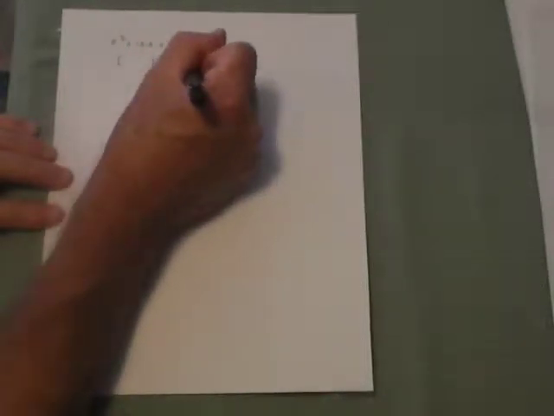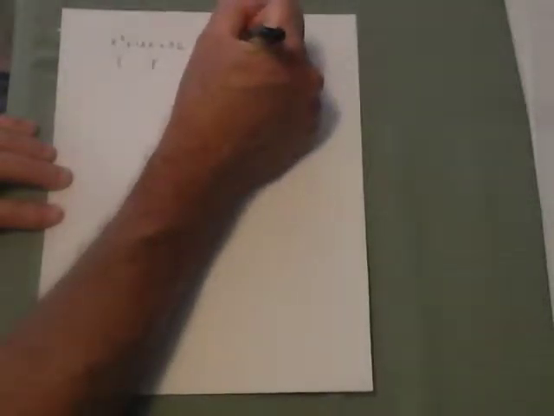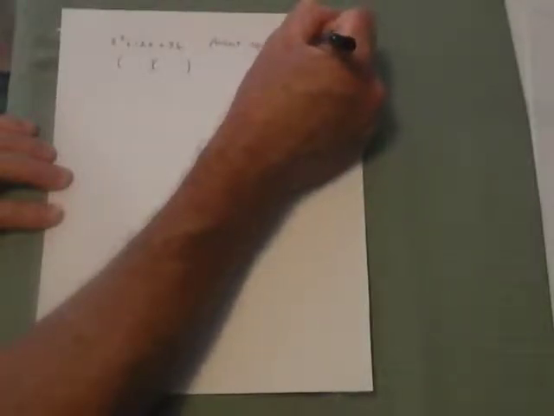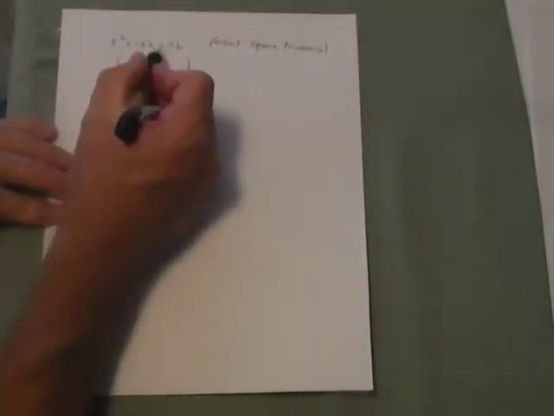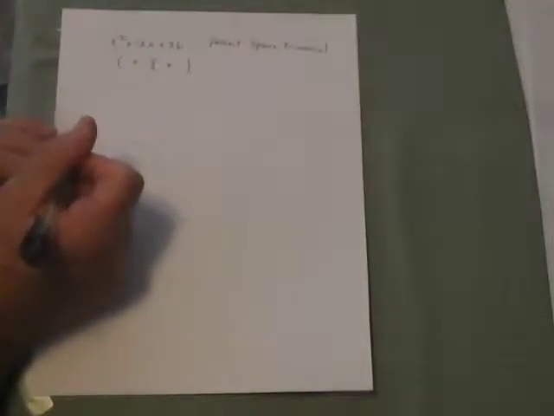And we're going to try to factor this like we did before. And this is called a perfect square trinomial. Notice the last sign is a plus, so that means these two have to be the same as what's in front of the middle term, so in this case they're both going to be plus.